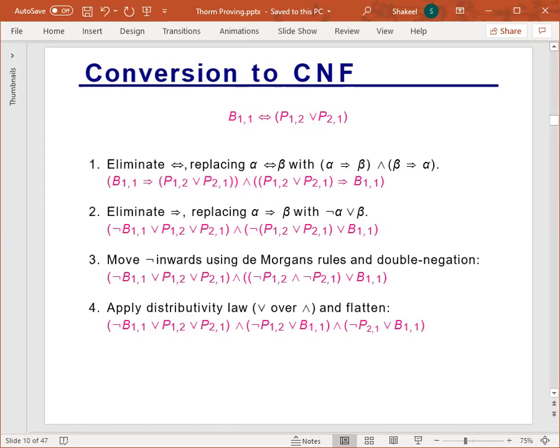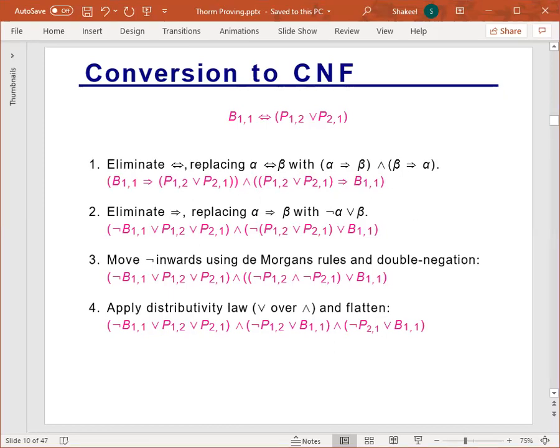So these two are logically equivalent. So we are going to replace this implication by not alpha or beta.